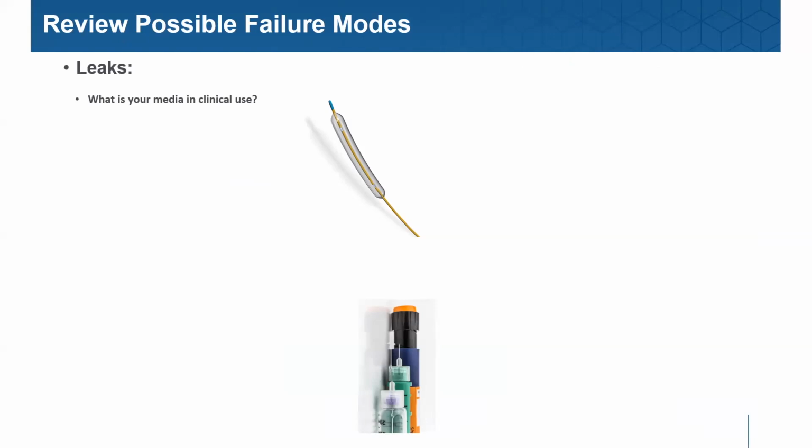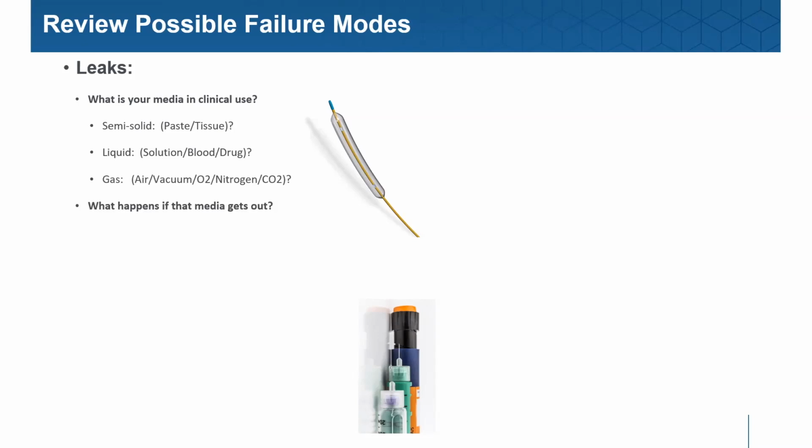But the first thing we look at is what media are you involving in this medical device in clinical use? Is it something thick, heavy, like paste, tissue? Is it a liquid of some viscosity, a solution such as IV or saline? Is it blood? Is it a drug? Is it gas? Are you looking to contain or keep out air, vacuum, oxygen, nitrogen, and so forth?